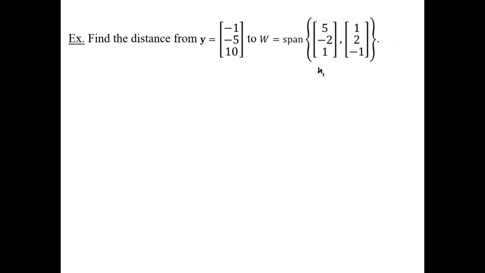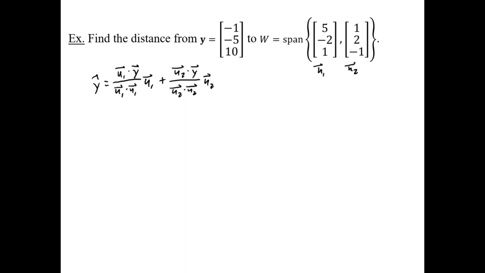So again, this was u1 and u2. Okay, so y hat is u1 dot y over u1 dot u1 times u1 plus u2 dot y over u2 dot u2 times u2.